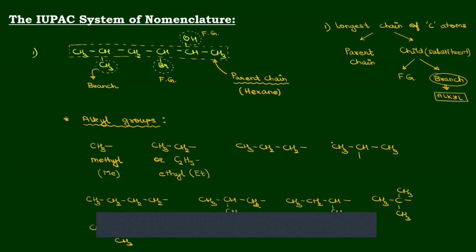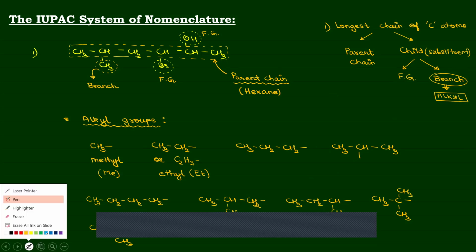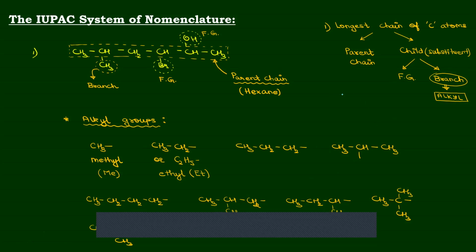So the names are differentiated with the help of prefixes. Prefixes are the differentiators which we use before the name, and they are decided by the type of the carbon, which can be primary, secondary, or tertiary.